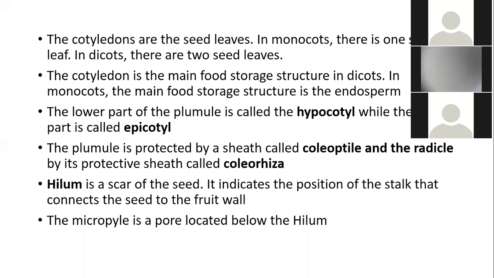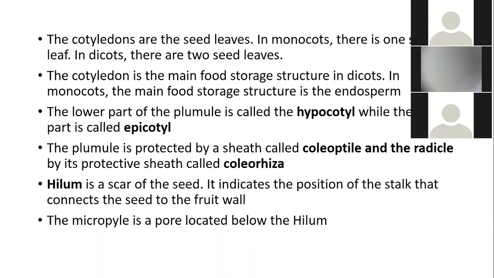Now, the cotyledon is the main structure that stores food in dicot plants or seeds. The cotyledon here is the main food storage structure for dicot seeds. Then the main food storage in monocot seeds is the endosperm.